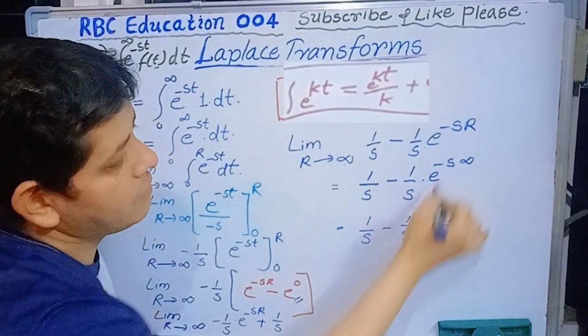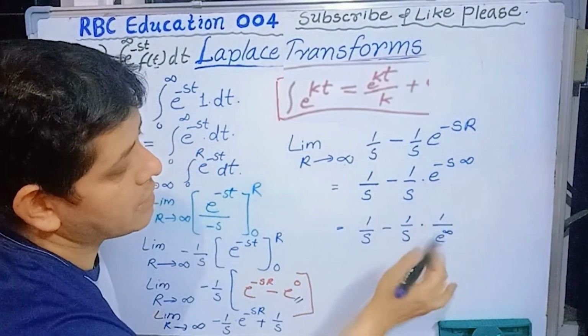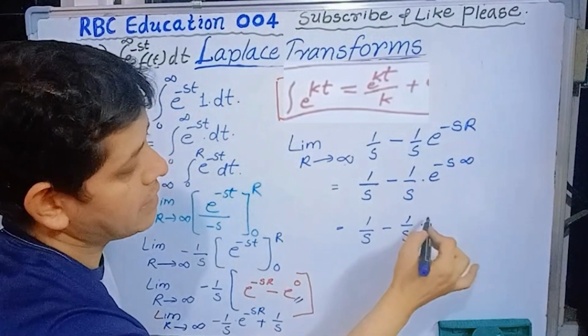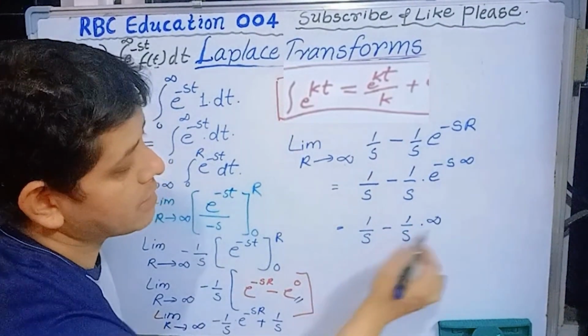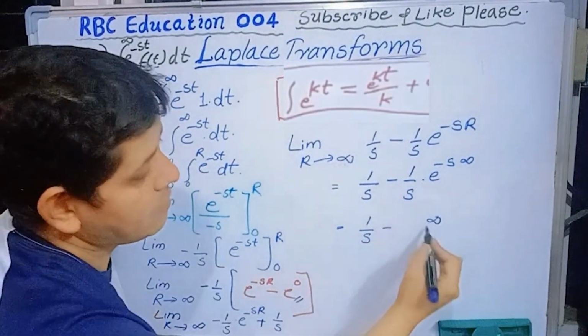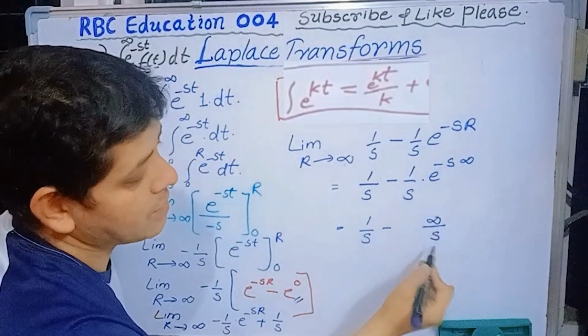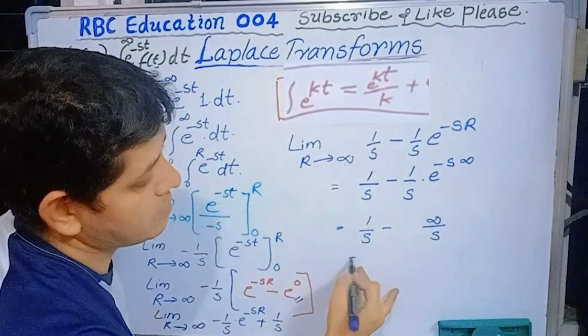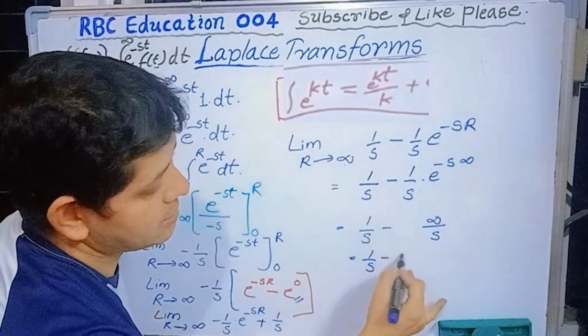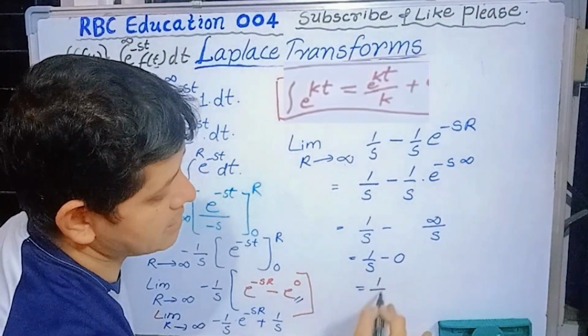When e to the power of infinity becomes infinite, we get something divided by infinity, and something divided by infinity means 0. So it becomes 1/s minus 0. So our answer is 1/s.